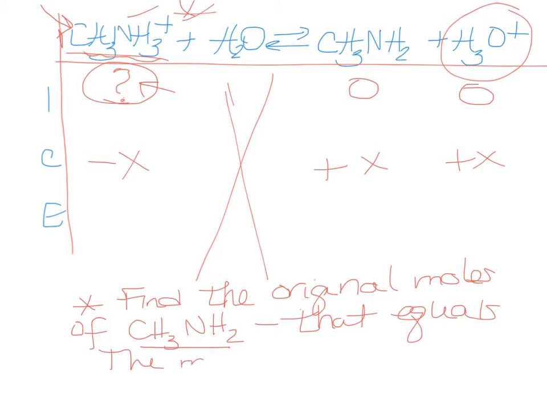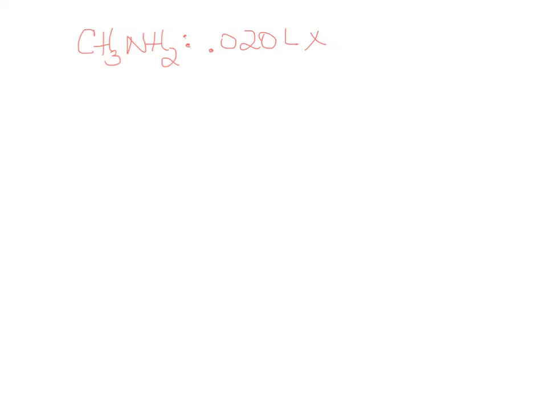So the first thing you do is go back to the problem and calculate how many moles you have of the original weak base. Go back and read the problem. This methylamine said we used 20 milliliters. I just converted it to liters.